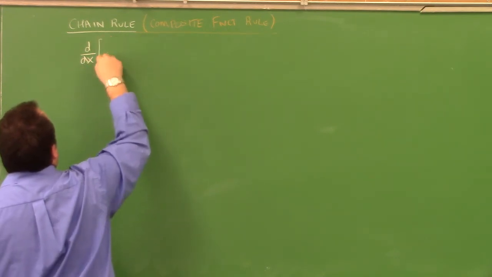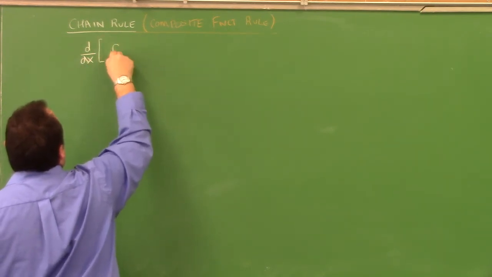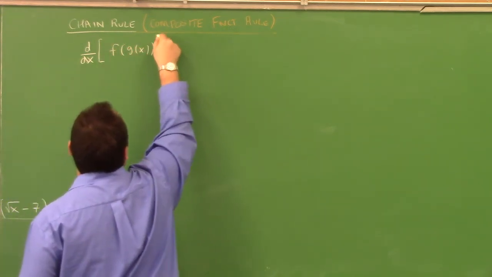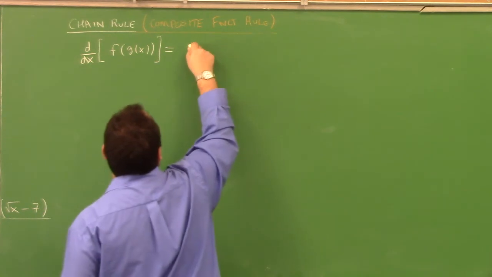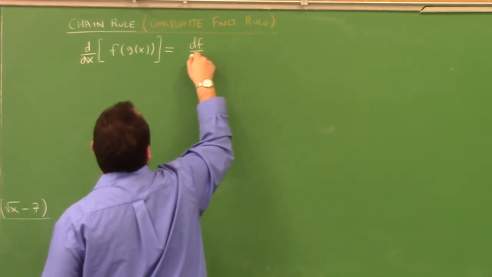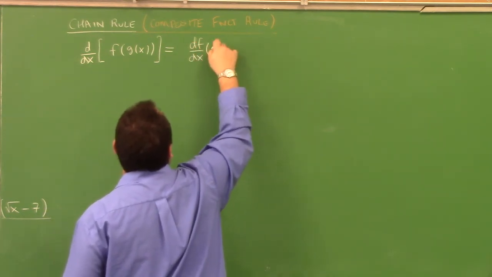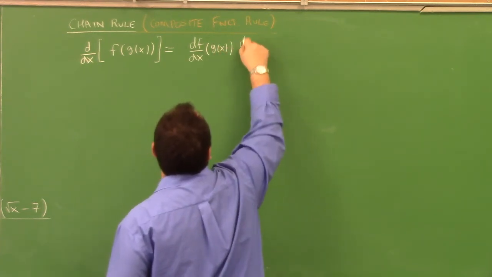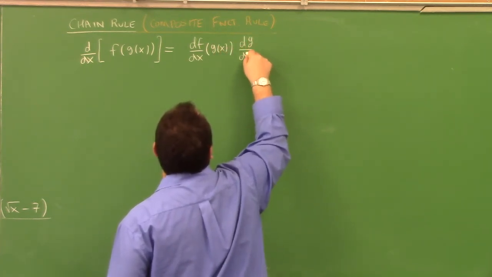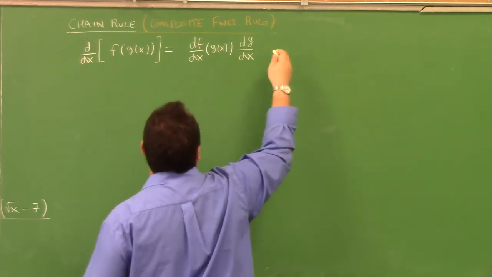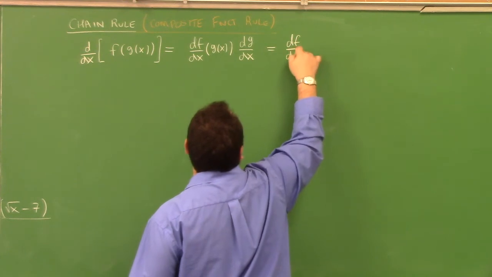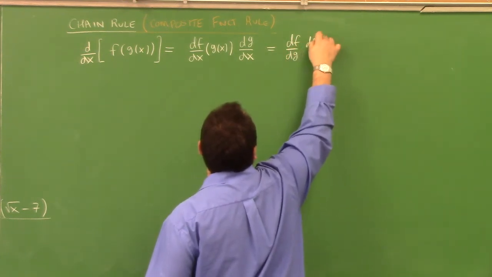Anyway, d/dx of f of g of x is df/dx evaluated at g of x, times dg/dx. An alternative notation for this is df/dg times dg/dx.